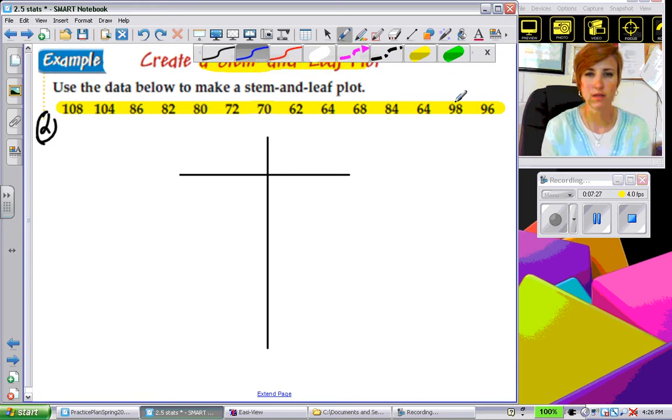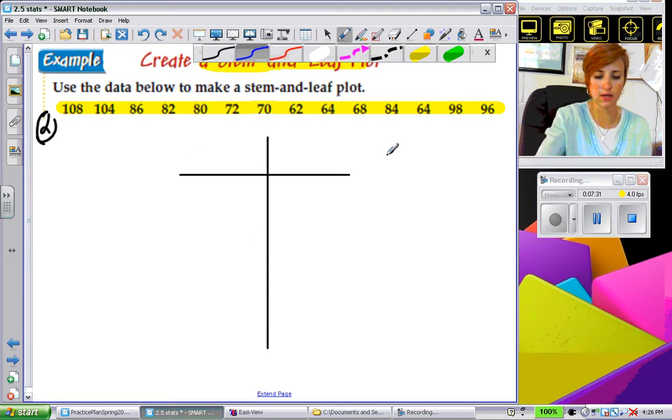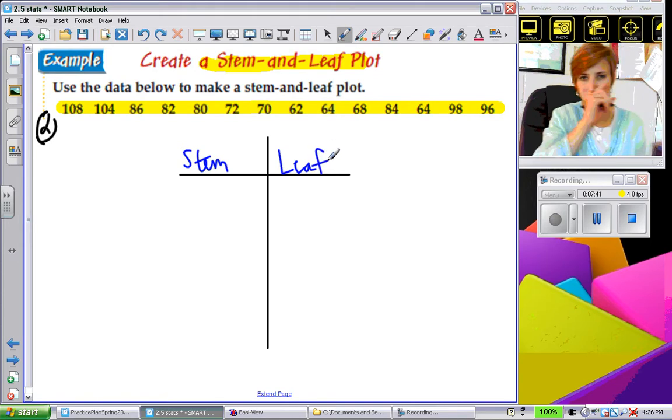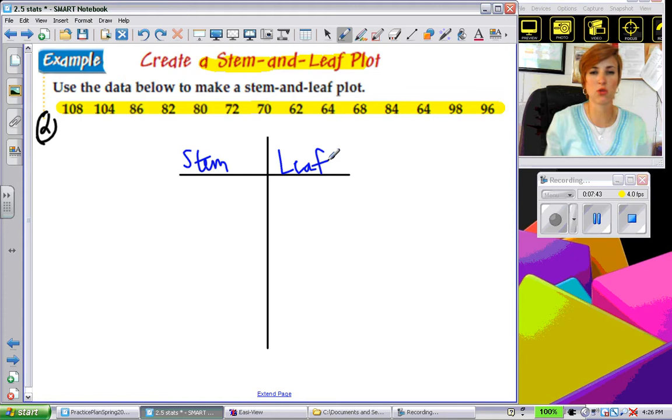Okay, so for a stem and leaf chart, you'll need a T table like what's already here. We label the left side of it our stem and the right side of it our leaf. I'm going to refer you back real quick to the definition of stem and leaf plot. It says the stem is made up with the greatest common place value.